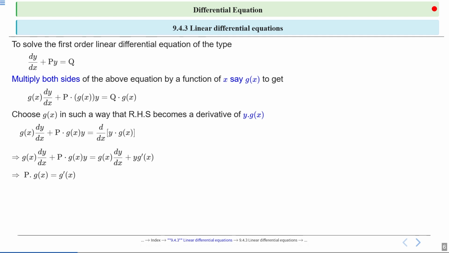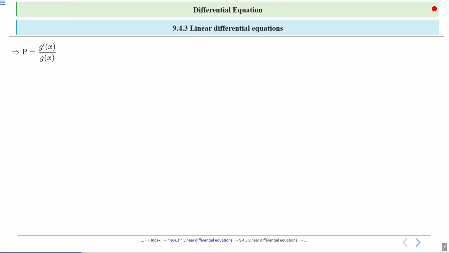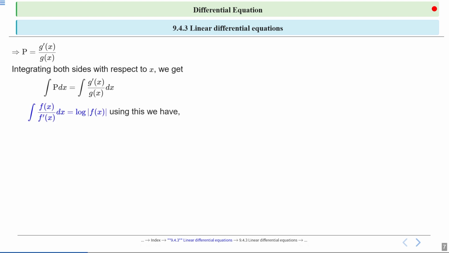Finally we get p into g(x) is equal to g'(x). So the value of p is g'(x) by g(x). Now we integrate both sides with respect to x. We get the integration of p dx is equal to the integration of g'(x) by g(x) dx.